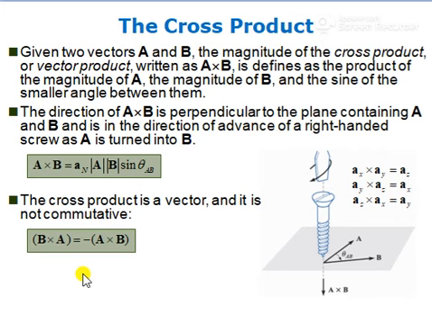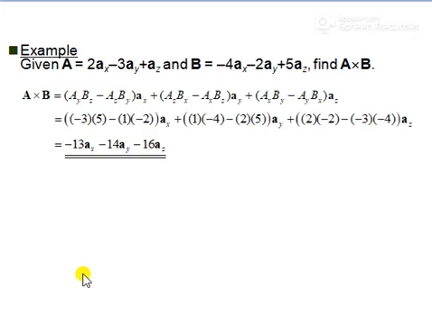Here we'll see an example of the cross product. Given vector A equal to 2ax minus 3ay plus az and B equal to minus 4ax minus 2ay plus 5az, find A cross B. A cross B is nothing but the multiplication in determinant form.